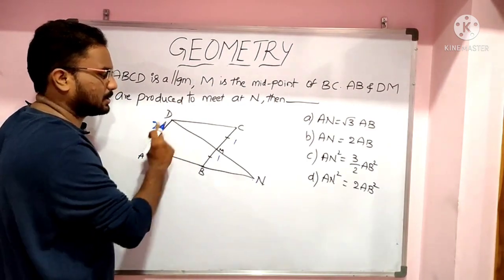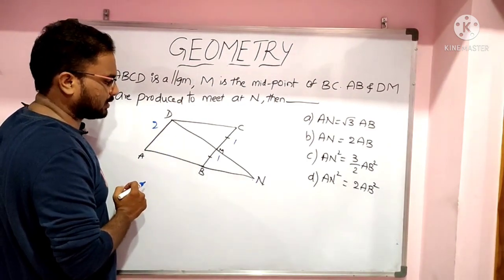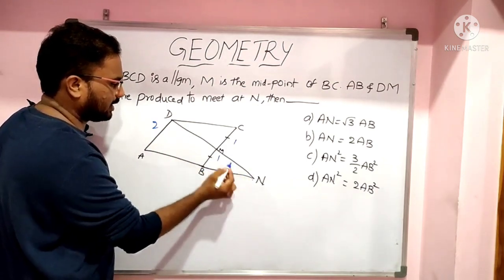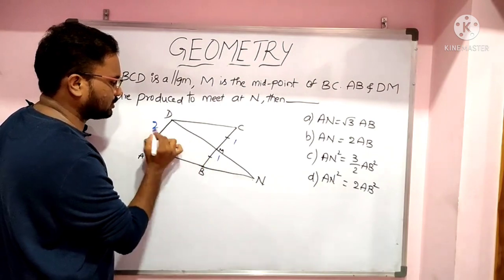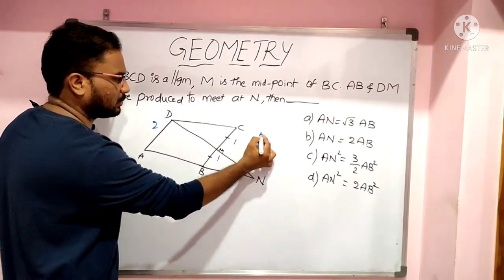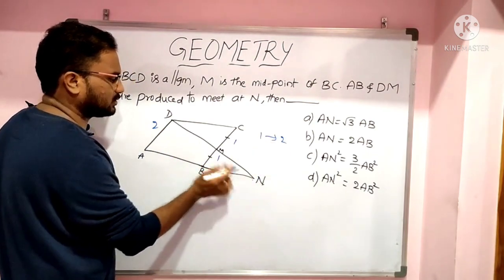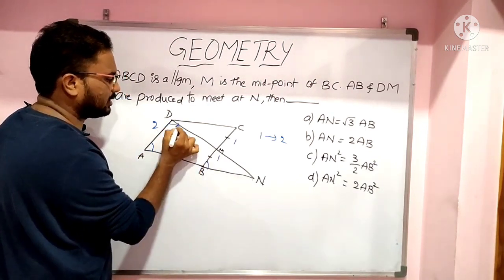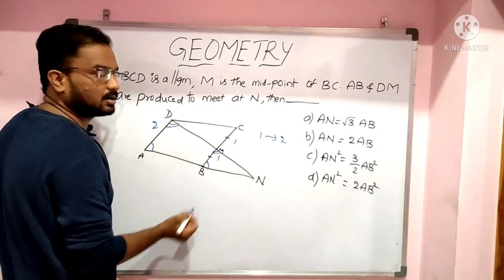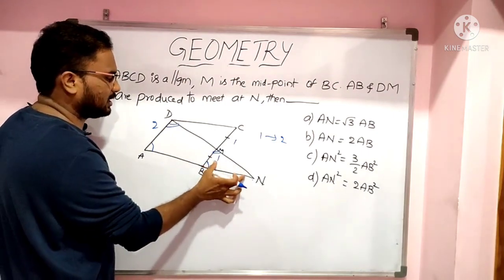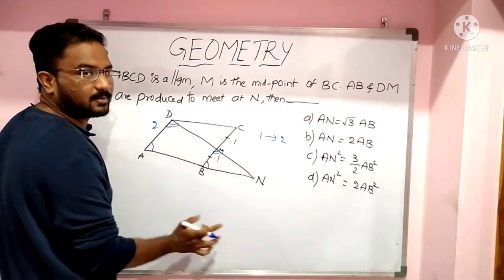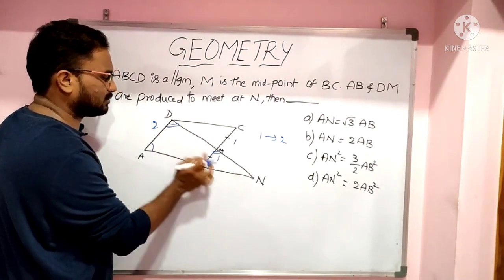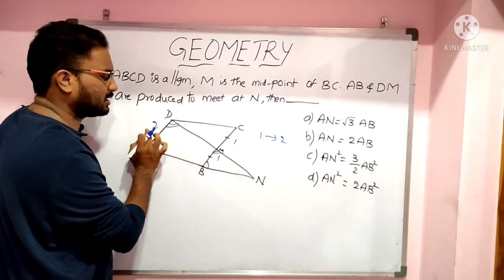So in this triangle and this triangle, the ratio of sides is 1:2, in the small triangle 1 and the big triangle 2. These two triangles are similar because this angle in both is equal, and this angle in both is equal. So the ratio of sides is 1:2: in the small triangle the side is 1 and in the bigger triangle the side is 2.